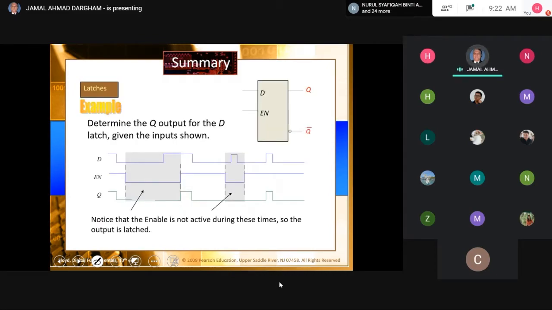So basically, in this one, Q only changes here, where enable is high.